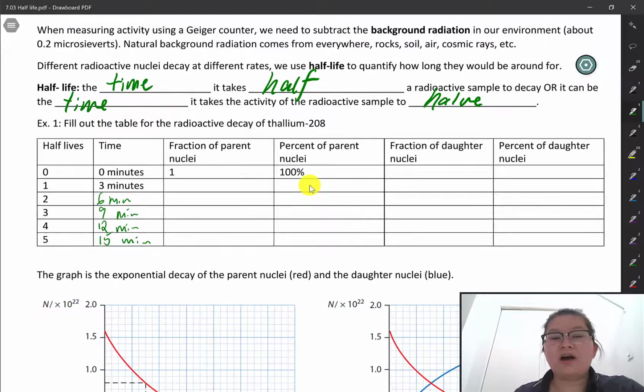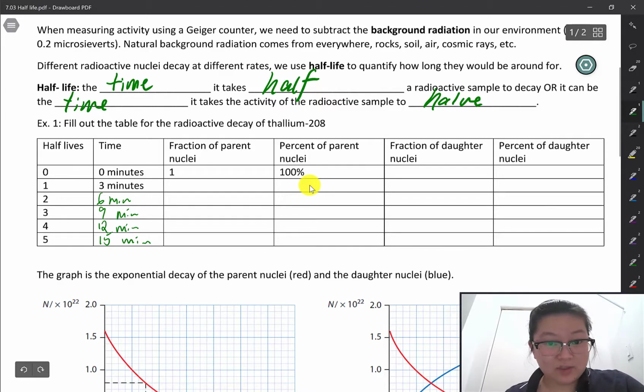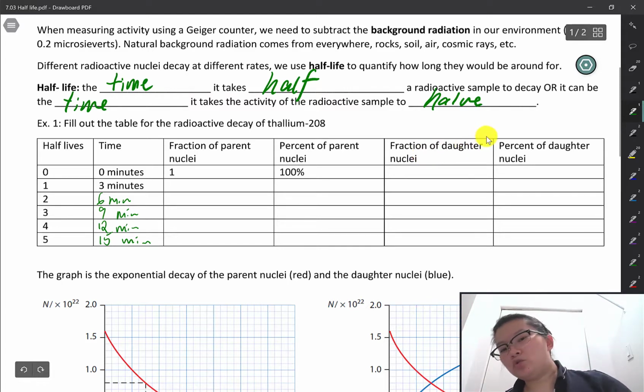When thallium-208 is fully intact, before we start counting the time, we have all of the nuclei in the parent form, which is thallium-208. So the fraction of parent nuclei is 1, or 100%. The fraction of daughter nuclei means whatever thallium decays into.